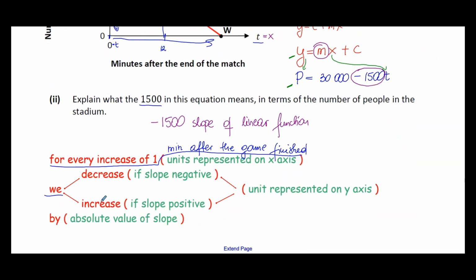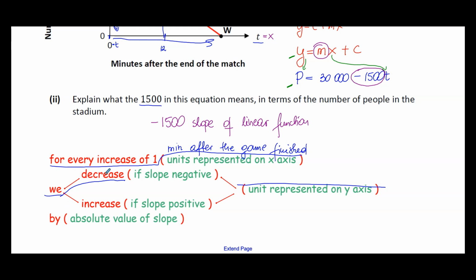and now here we have a choice depending on the value of the slope. Our slope is negative, so we're going to say we decrease. And now we are saying what we are decreasing. Here we are referring to the y-axis. And here the y-axis is represented by what? Number of people in the stadium.